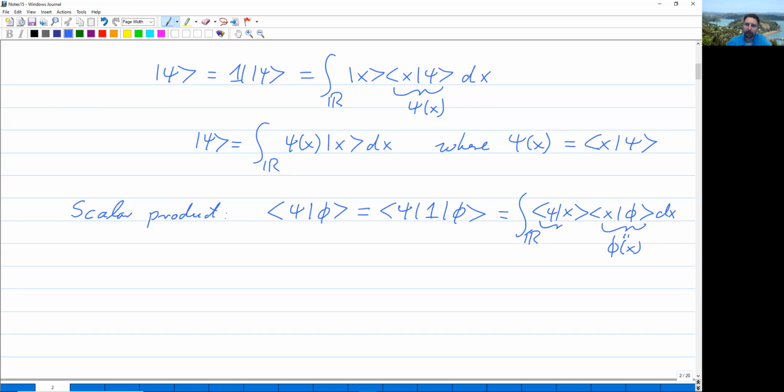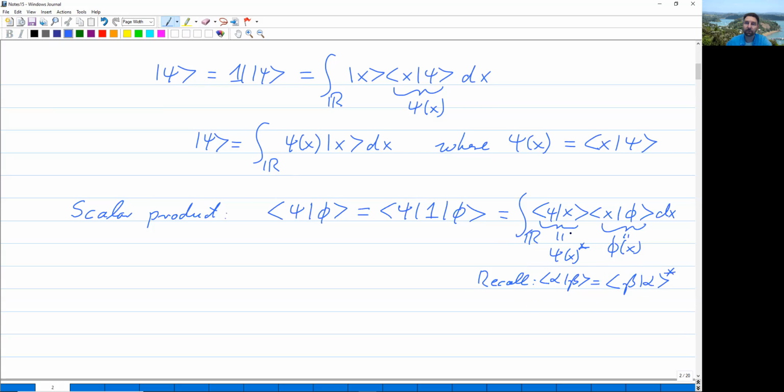And what is this? Well, it's not the position wave function of psi, because for that the x would have to be on the left and the psi on the right. But it's a complex conjugate, of course, of it. So this then is psi of x star, right? Recall that when you have the inner product between two states alpha and beta, then this is equal to what you get when you write them the other way around, but complex conjugated.